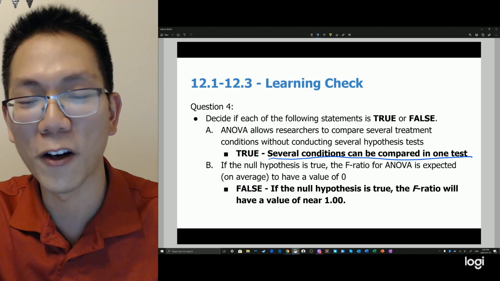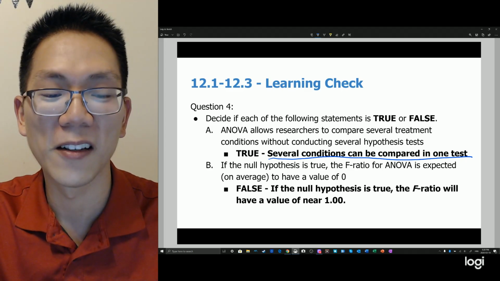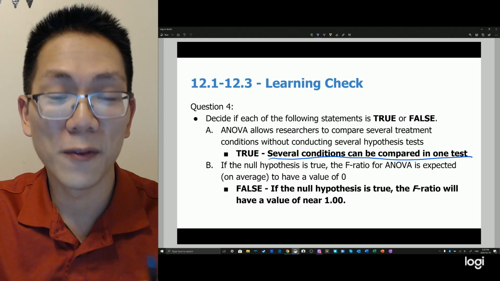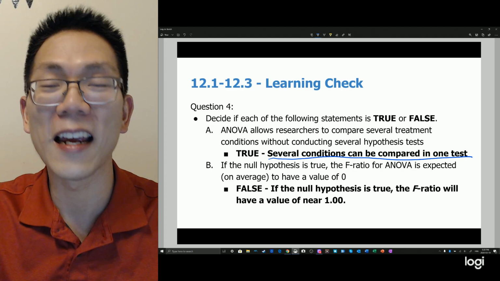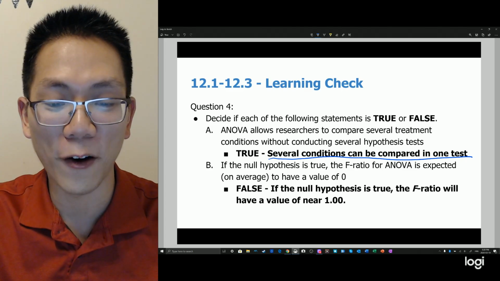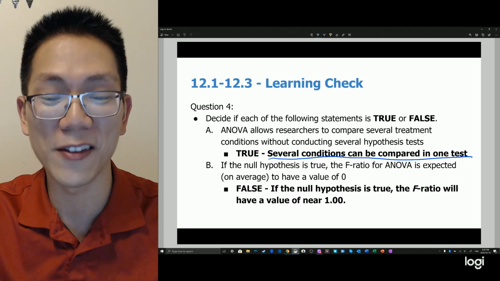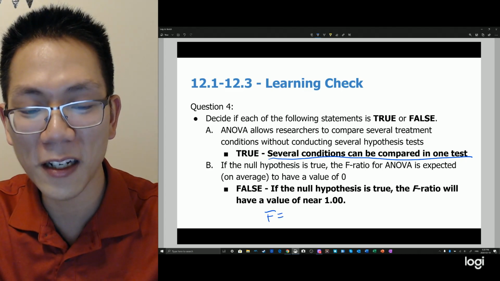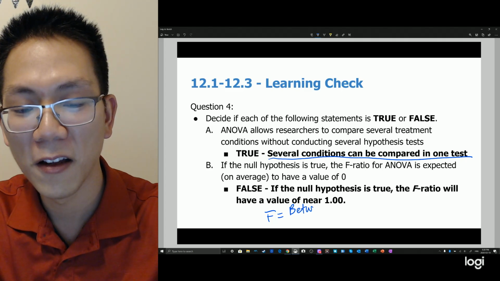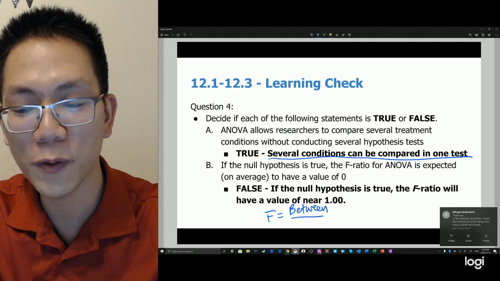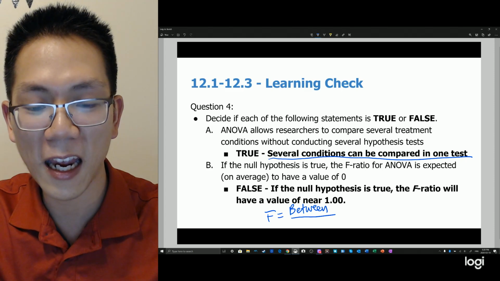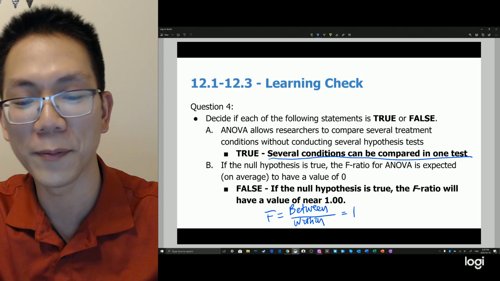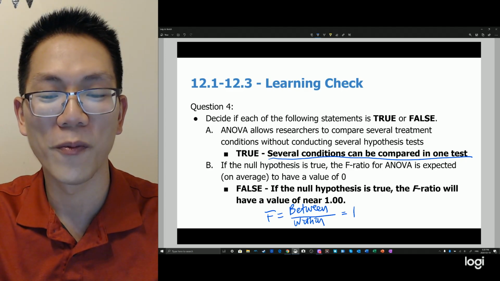Again, ANOVA is not multiple t-tests. For B, remember, if the null happens to be true, that there is no difference, the ratio between treatment variance and within treatment variance would be the same, and therefore would actually be 1, not 0. Okay.